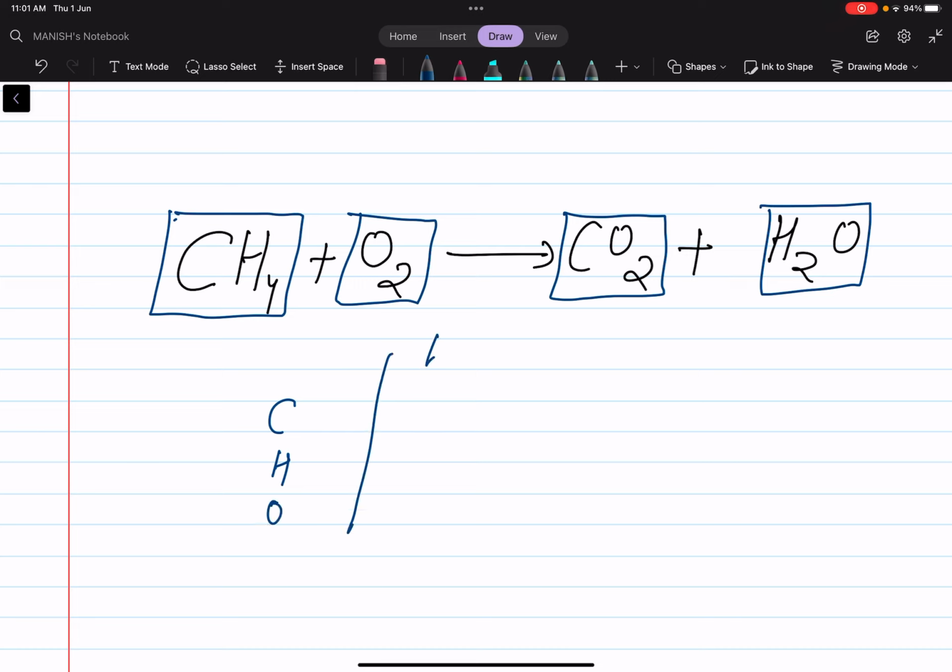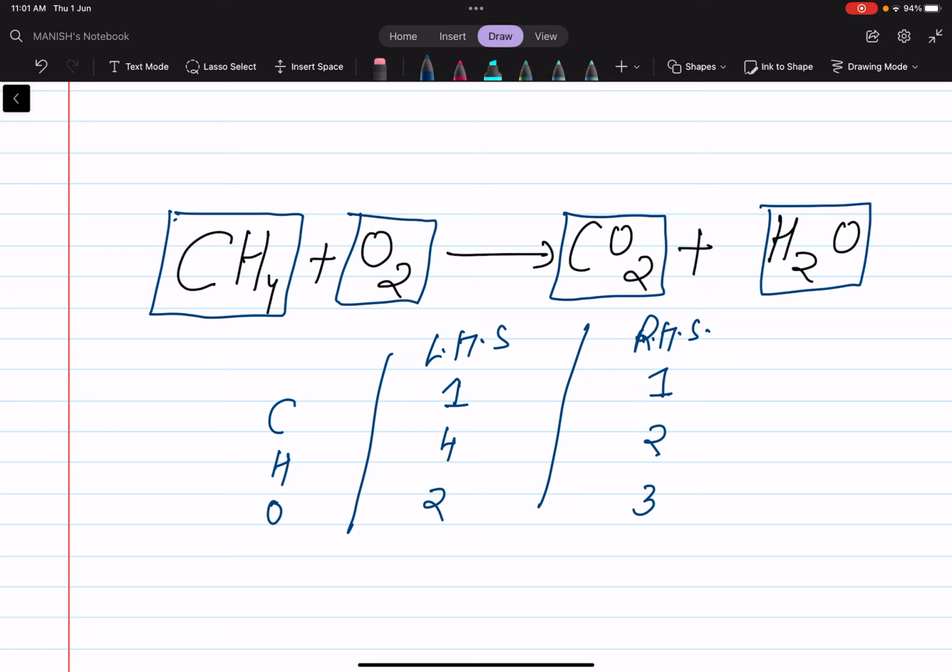So in the left hand side, the carbon atom is 1, hydrogen is 4, oxygen is 2. In the right hand side, the carbon atom is 1, hydrogen is 2, and oxygen is 3. Now we will try to balance the atom with the maximum number.